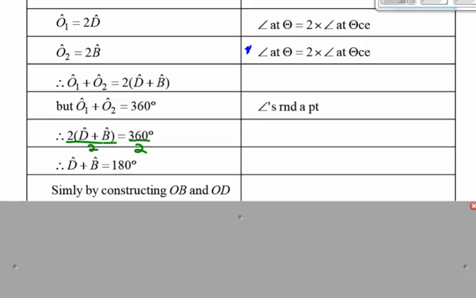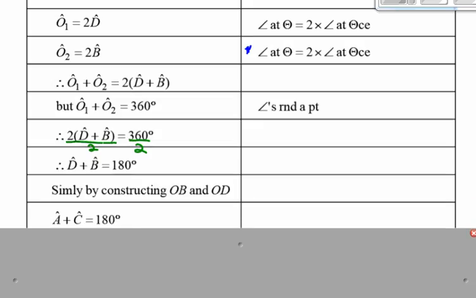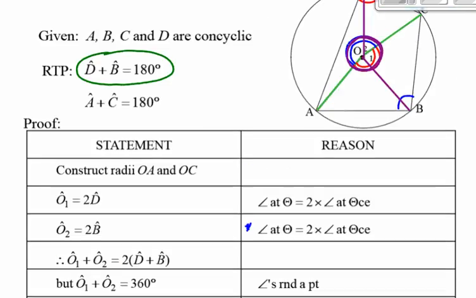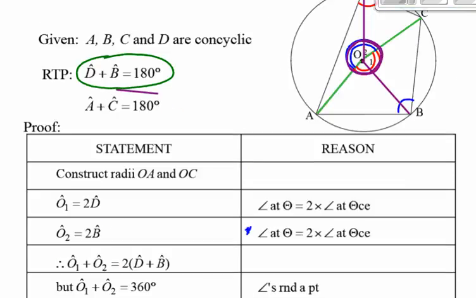So similarly, if we constructed OB and OD, we would do the whole thing again, and we would end up with A plus C being equal to 180 degrees. So if you're asked to prove both of them, you're welcome to say similarly, by doing all the same stuff again, but in relation to the different radii, different angles, we would get A plus C equal to 180 degrees, which is that other part that we wanted to prove.